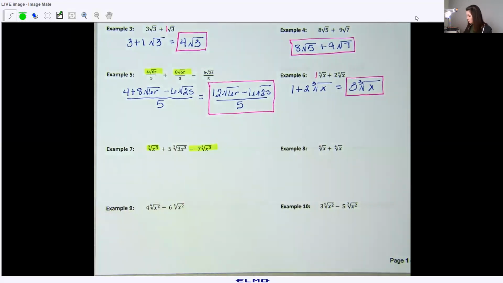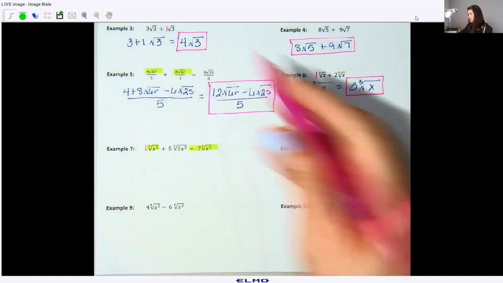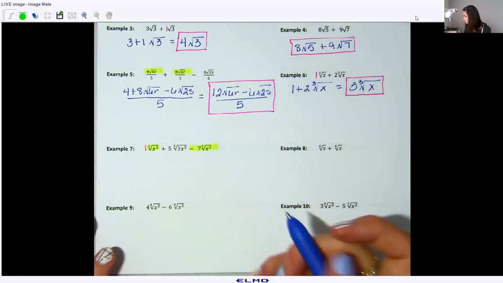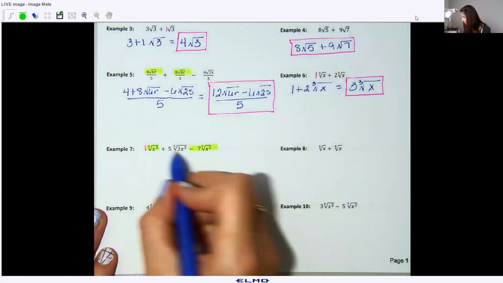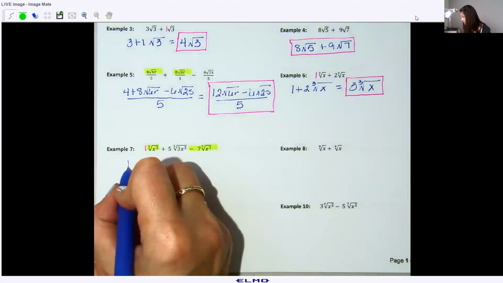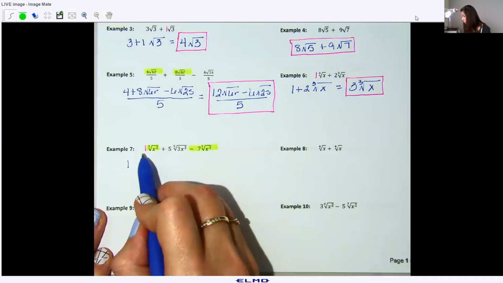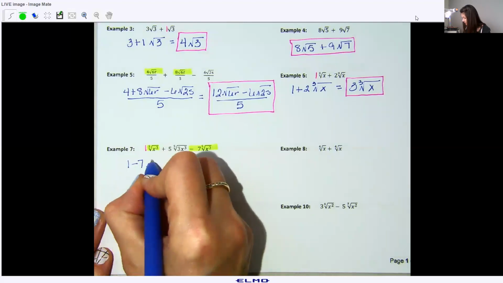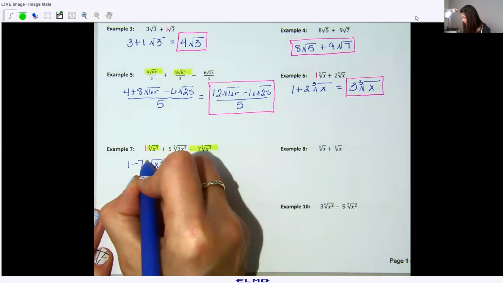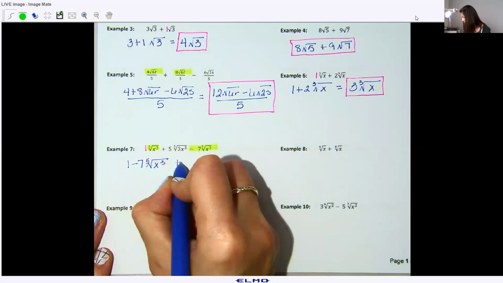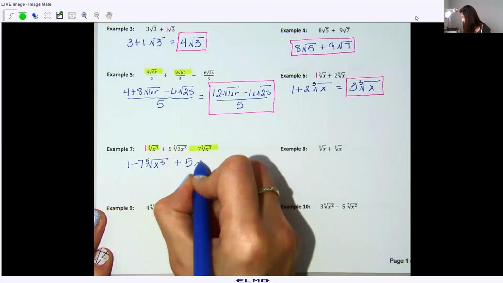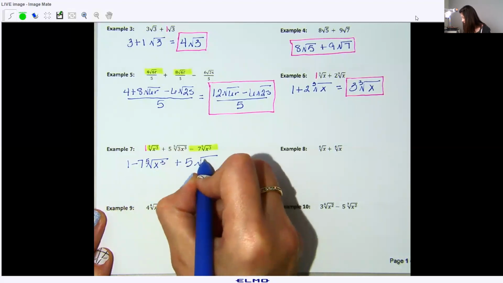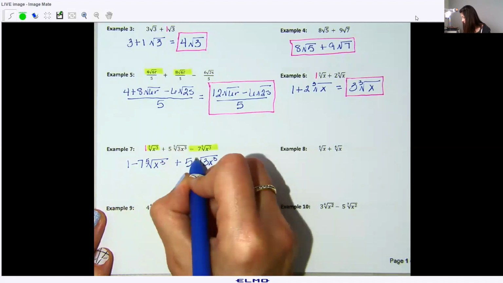And I'm going to put an imaginary 1 here. Not imaginary, it's real. I keep saying imaginary. And I'm going to add the 1. Actually, I'm going to subtract 1 minus 7. X cubed to the root of 5, and then plus 3x cubed to the root of 5.